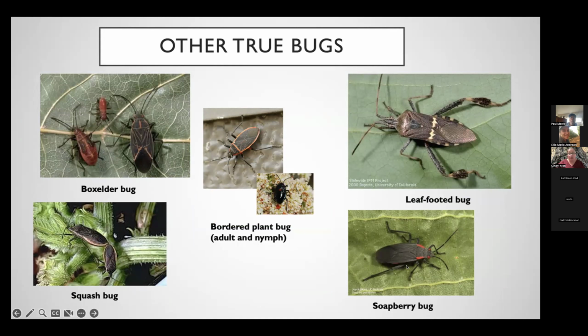We have soapberry bug down here, and then squash bug, again with row crops definitely can become an issue. Funny thing is that squash bug and leaf-footed bug are the same family. They look very different, but they actually key out to the same family. And both are problems in orchard crops and also in row crops.